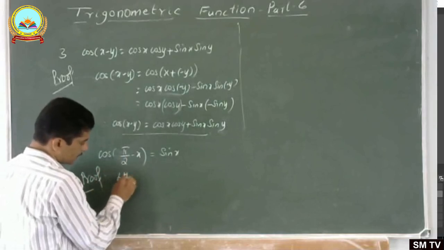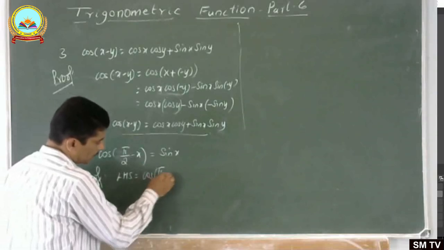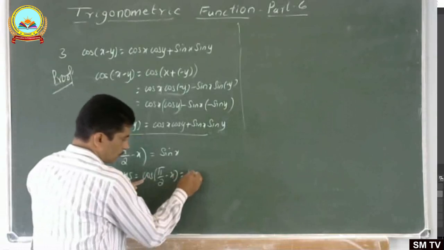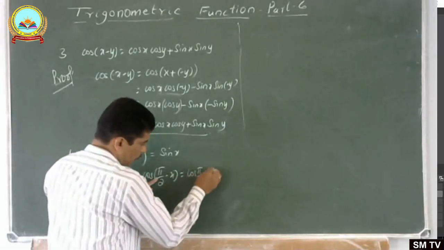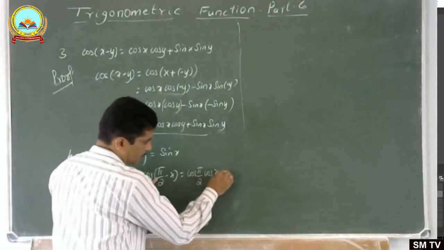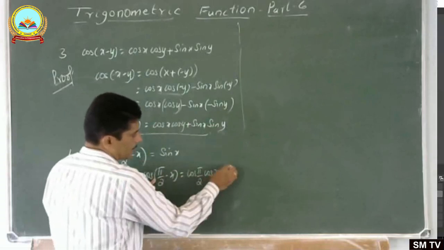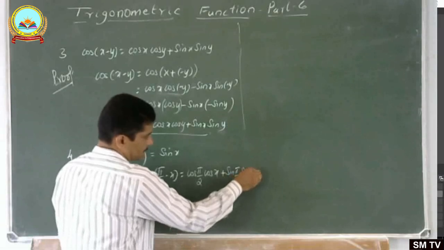Take the left hand side. Cos of pi by 2 minus x is equal to cos pi by 2 into cos x plus sin pi by 2 into sin x.